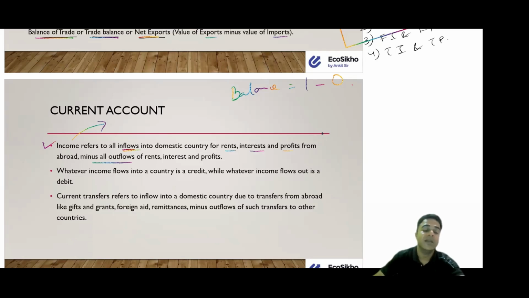So whatever money we as a country are receiving for the rent, for the interest, for the profit, minus whatever we are paying in the form of rents or interests or profit, that is income under the current account. Similarly, current transfers, like I told you about transfer income, this is also the same thing, inflow minus outflow.